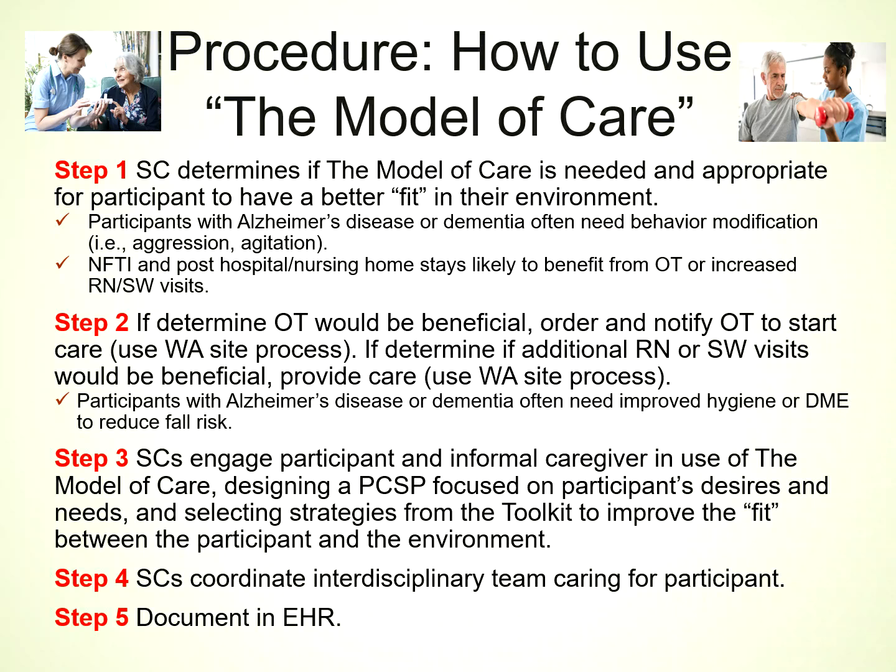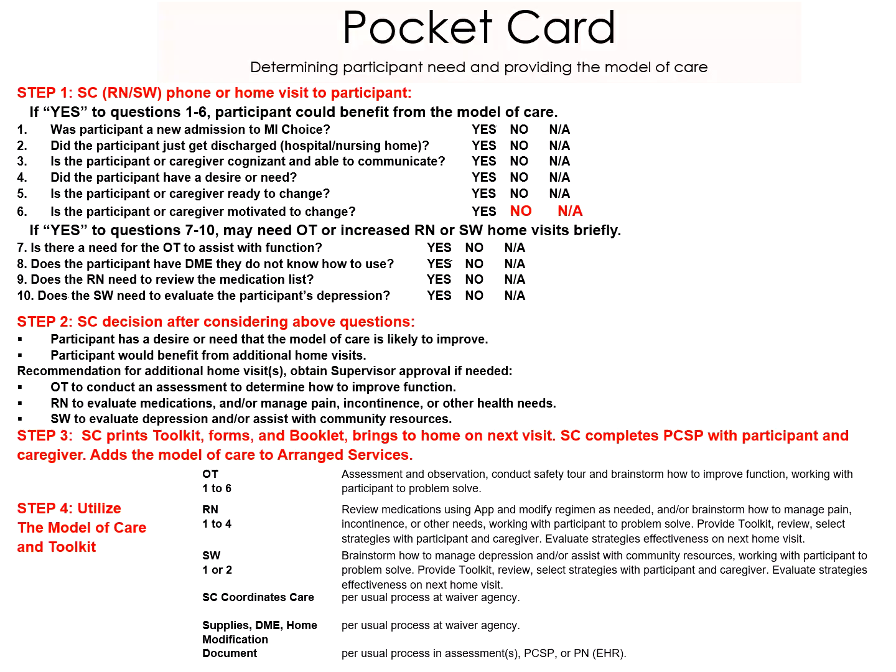Step 4, the supports coordinators coordinate the interdisciplinary team caring for their participant, and step 5, document in the electronic health record. So this is the procedure on how to use the model of care, and we provide a pocket card with specific information on each of these steps, which you can print and carry around with you, or carry electronically on your laptop.